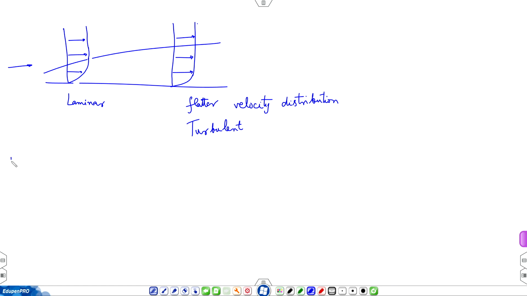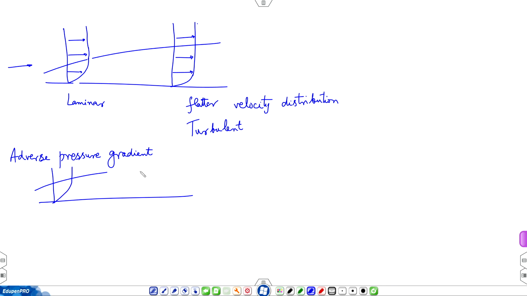So, this is what happens in a laminar boundary layer.